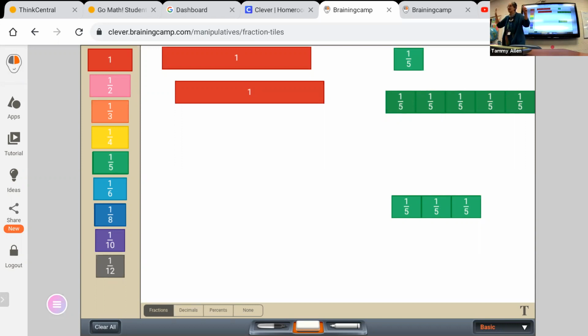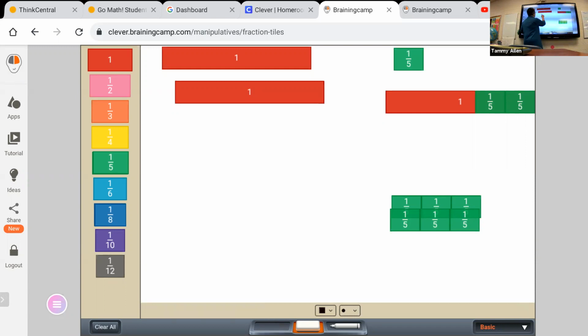I have 6 of them, right? Can I now take 3 of them away? Yes, I now have 3 to take away. It doesn't matter which 3. What do I have left? 2.